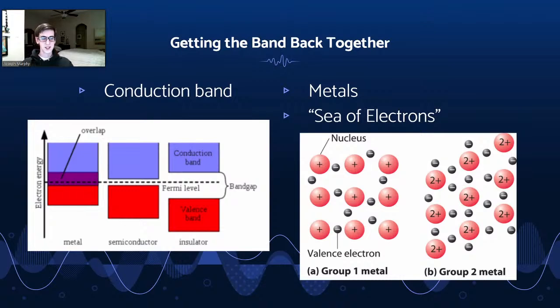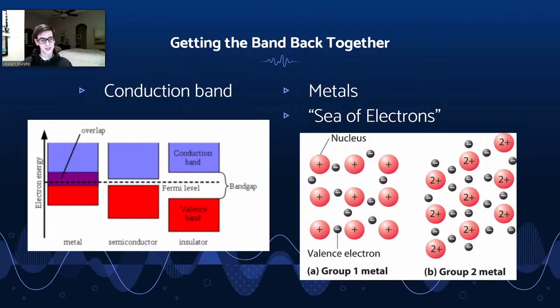Now, somewhere in between is a category of substances very useful for solar panels and lots of electronic applications. That being semiconductors, which are kind of good at conducting electricity.